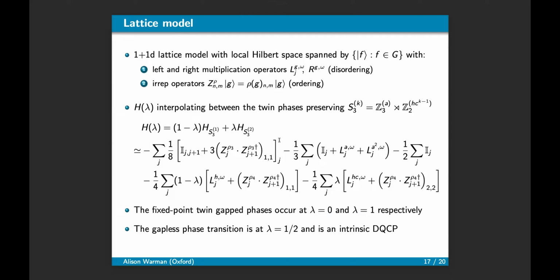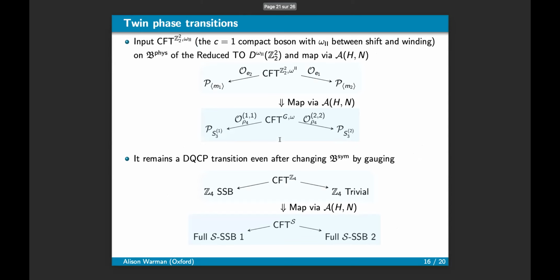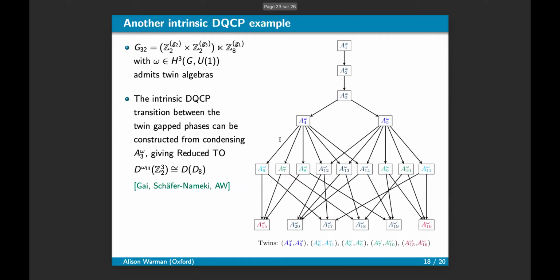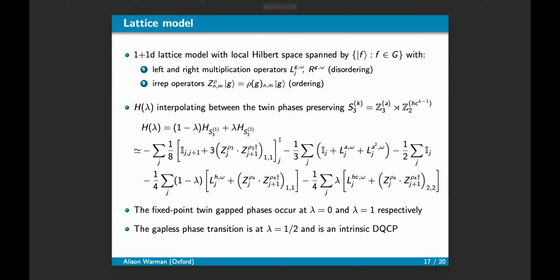I don't know if the transition is continuous. So, okay, from the CTFT construction, we actually input a continuous transition for this in Z2 squared. But from the lattice model, what happens is we have a preserved S3, and the preserved S3 has a Z3 subgroup here, which is the same in both phases.